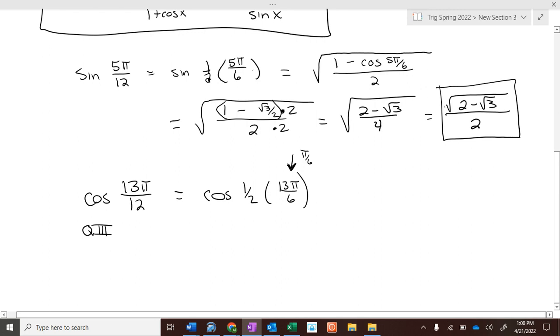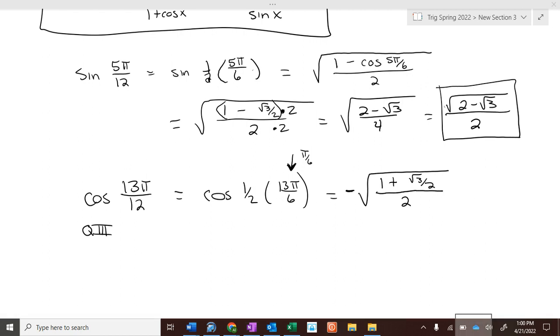What's cosine of pi over 6? Square root of 3 over 2. So it's 1 minus square root of 3 over 2. Nope, it's 1 plus square root of 3 over 2. Sorry about that. All over 2. And this will be negative in the end, so I need to put a negative out front.